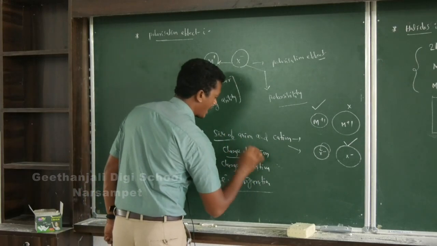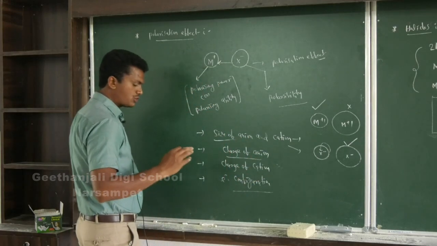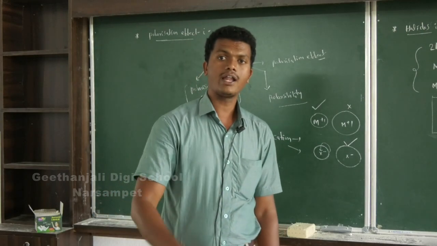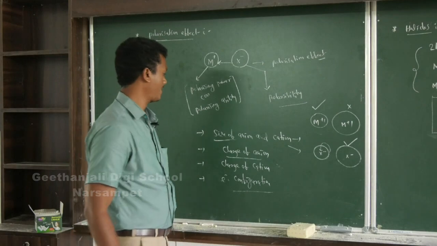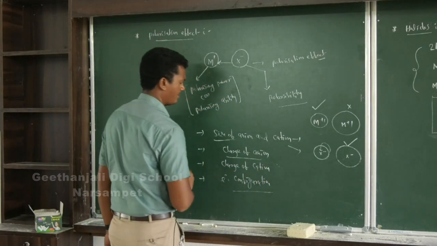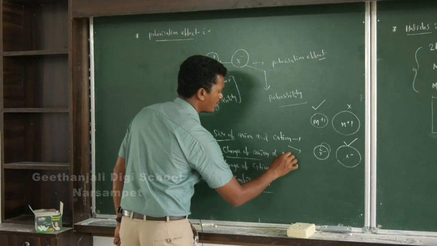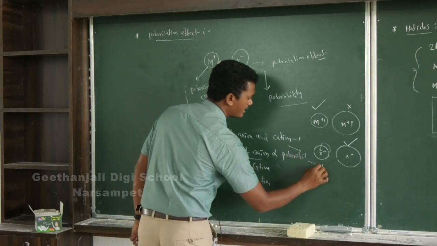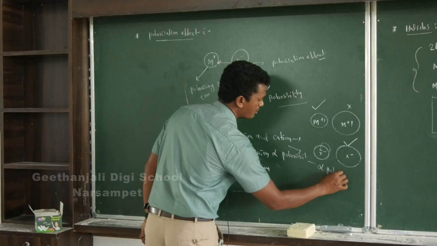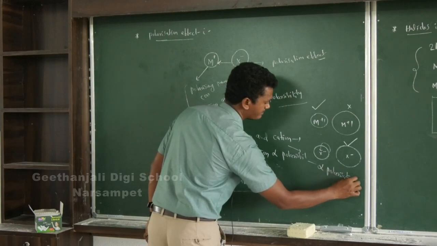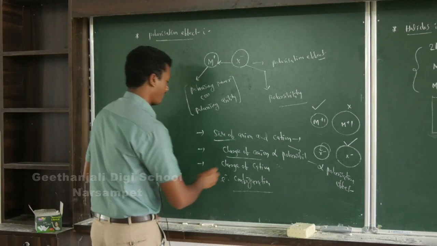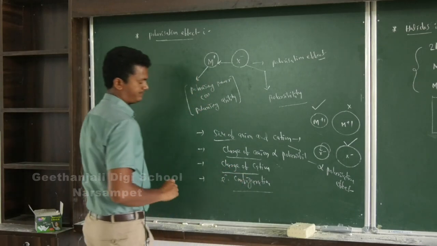Next, charge of anion. When charge of anion increases, size of anion also increases. So charge of anion is directly proportional to polarizability, which is nothing but directly proportional to polarization effect. Charge of cation.